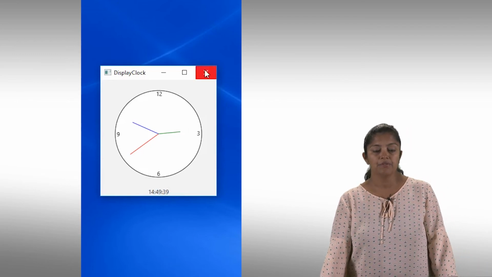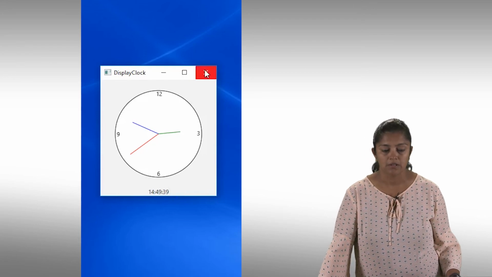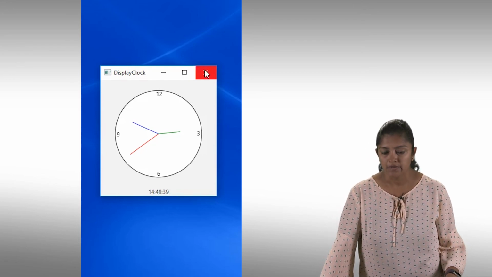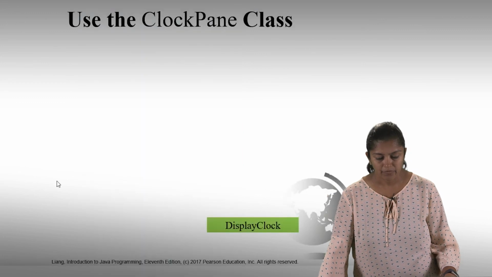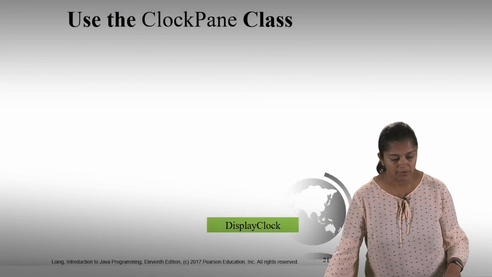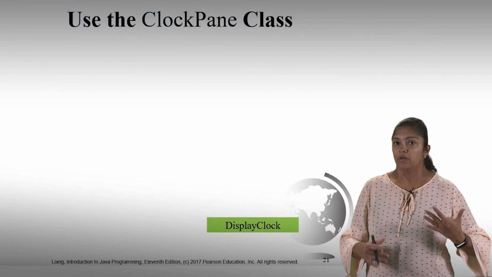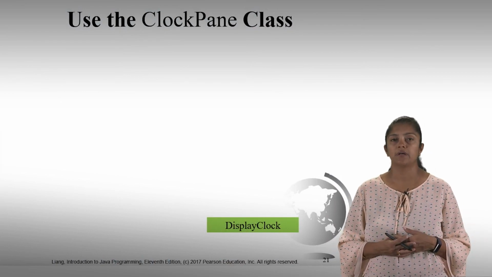So here we've made use of a custom pane class called the clock pane class in order to generate this UI. I hope these examples will be useful in creating graphical user interfaces using Java.